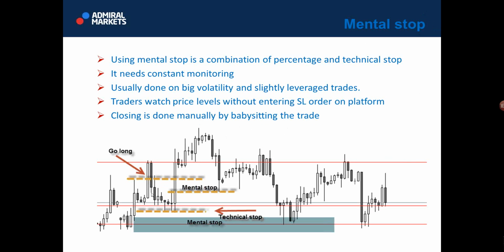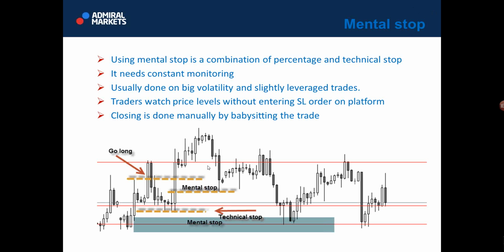And once your equity is really bad, you will use your mental stop and stop your trade. So proper technical stop would be here, but your mental stop would be somewhere around there, because you didn't have patience as you were so afraid of losing the money, and you just close your trade without placing a proper stop.